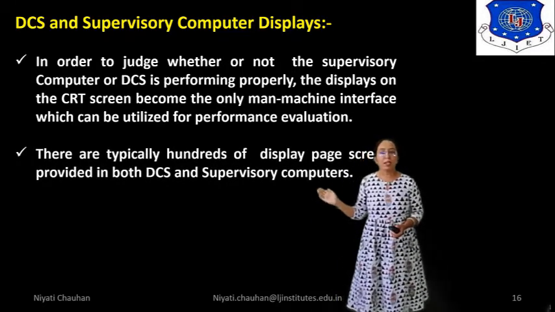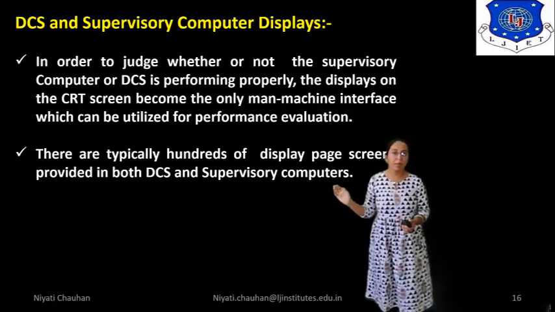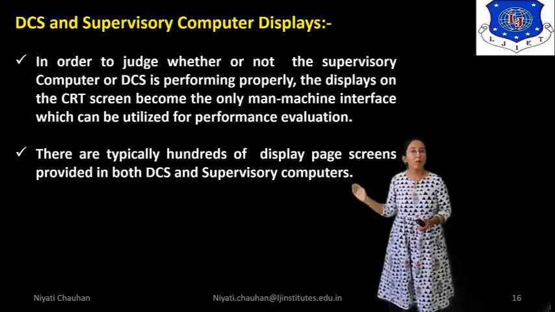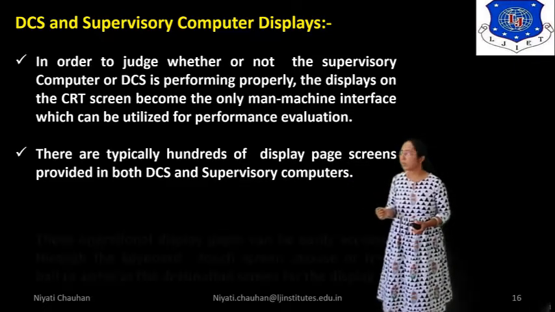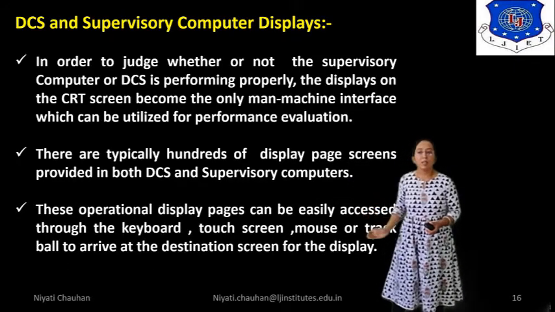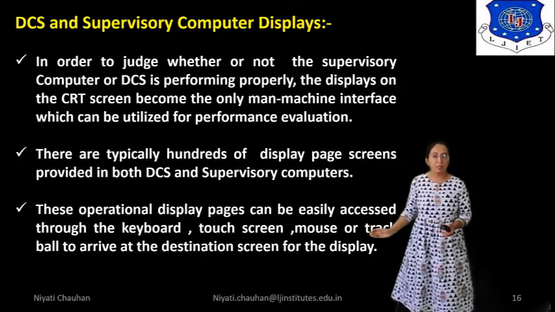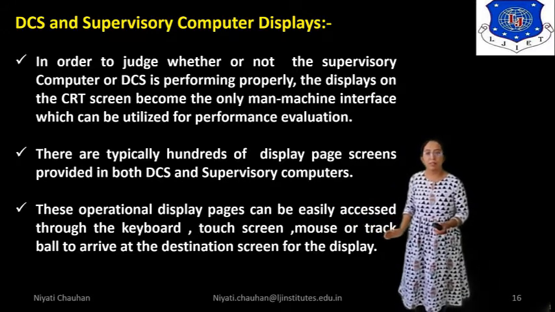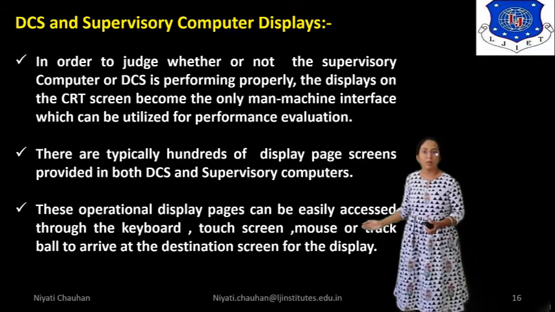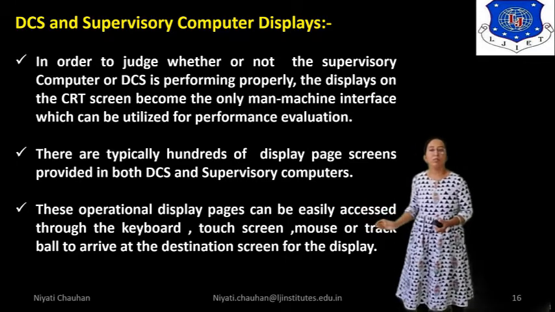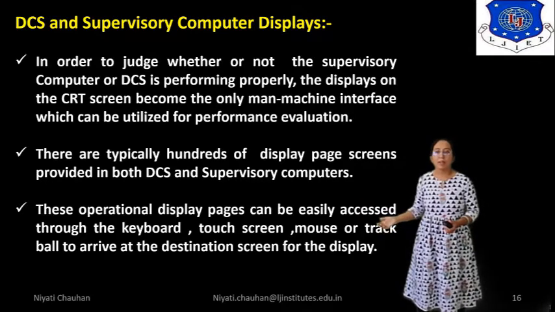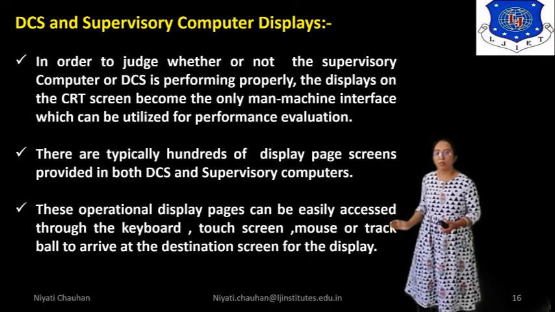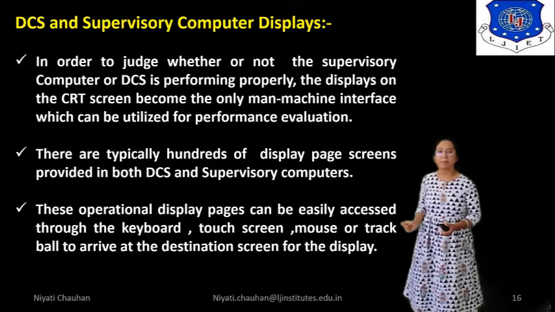There are typically hundreds of display page screens provided in both the DCS and supervisory computer. These operational display pages can be easily accessed through the keyboard, touchscreen, mouse or trackball to arrive at the destination screen for the display.